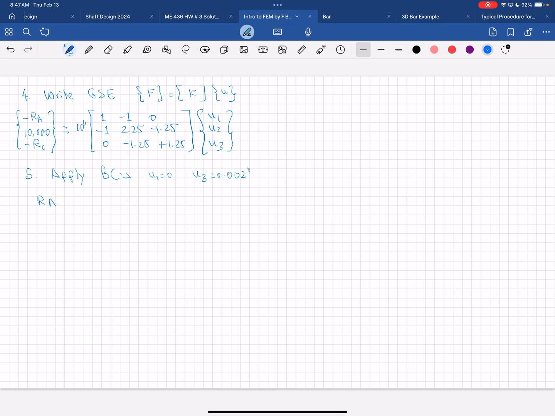So I'm going to have RA, 10,000, minus RC equal to 10 to the power 6 multiplied by 1, minus 1, 0, minus 1, 2.25, minus 1.25, 0, minus 1.25 and 1.25, multiplied by U1 is 0, U2 is unknown, and U3 is 0.002.